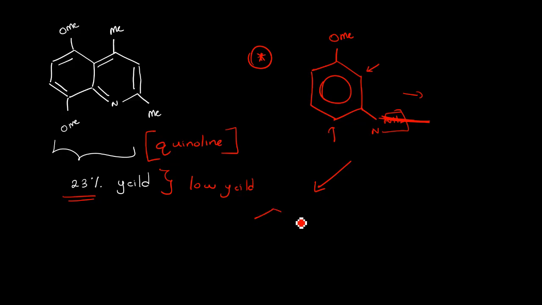One is from, let's say, 1, 2, 3, 4, 5, 6. One is from the sixth position and the other one from the second position. This is one possible product.